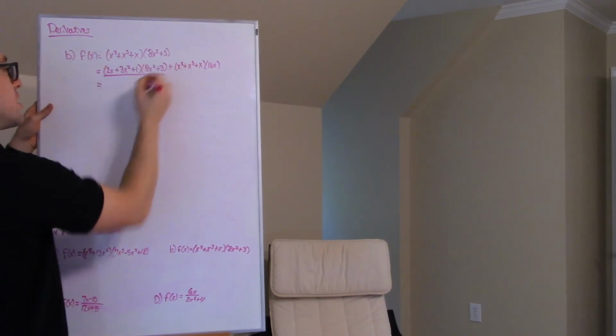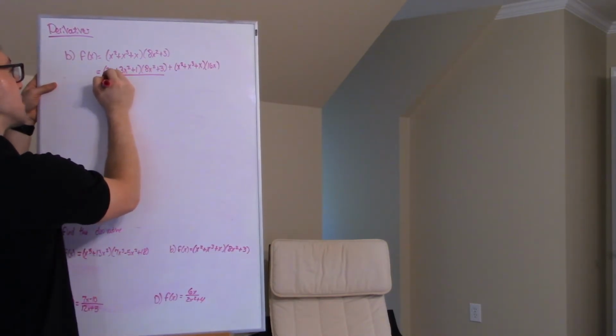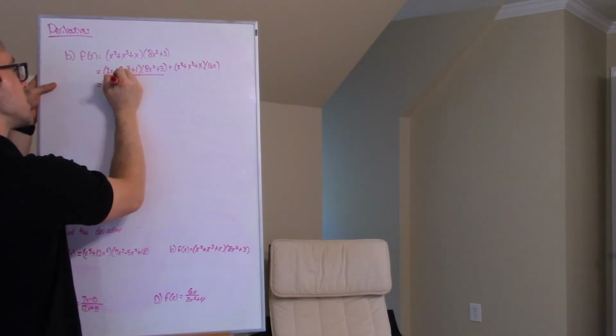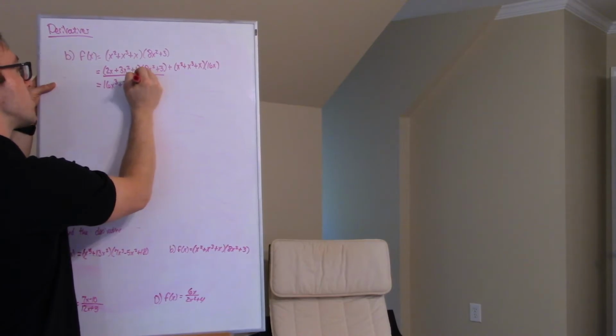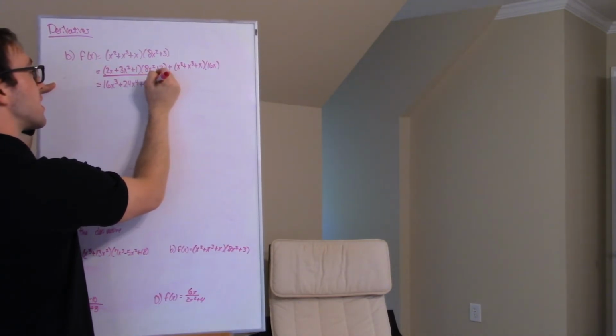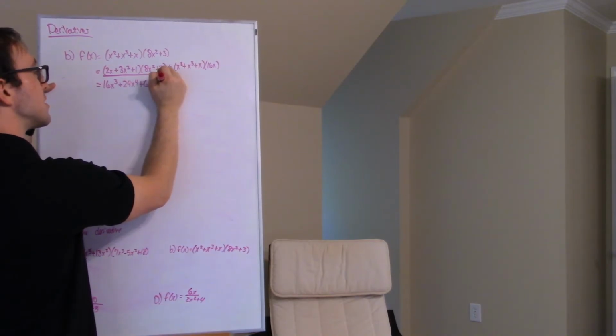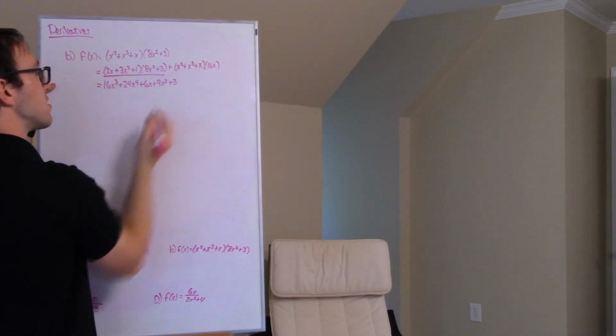So just doing the first, we get 16x to the third plus 24x to the 4th plus 6x plus 9x squared plus 3.